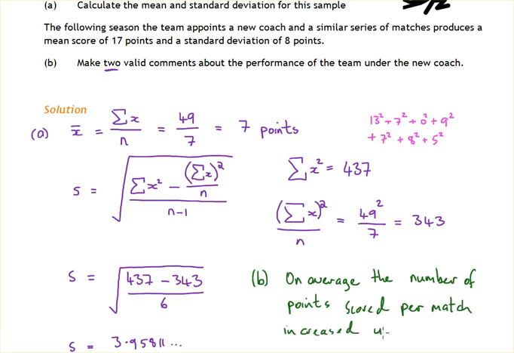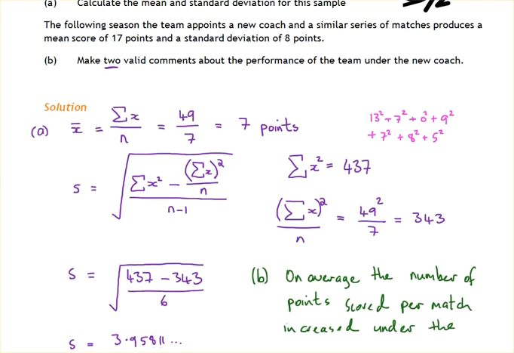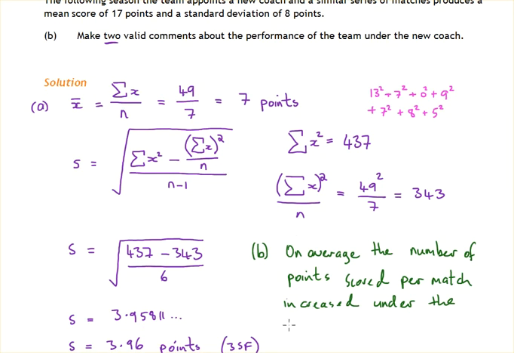This is because we're comparing the means. Now we need to justify why we can make this statement, and the reason for that is because we are comparing those means together, and we realise that 17 is a greater value than 7, so we can just say 17 is greater than 7, and that's our justification for being able to say this.